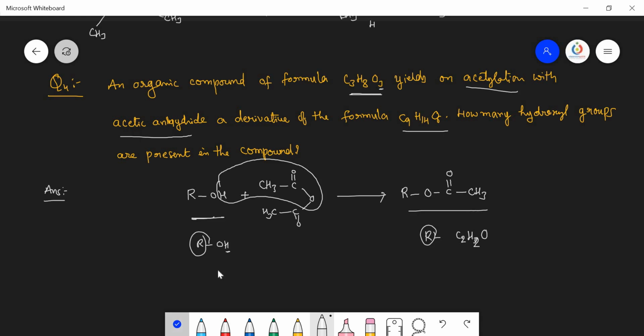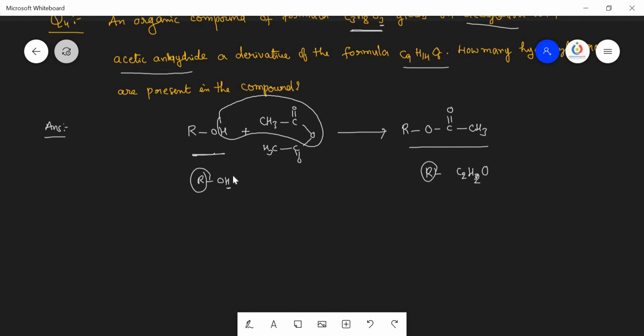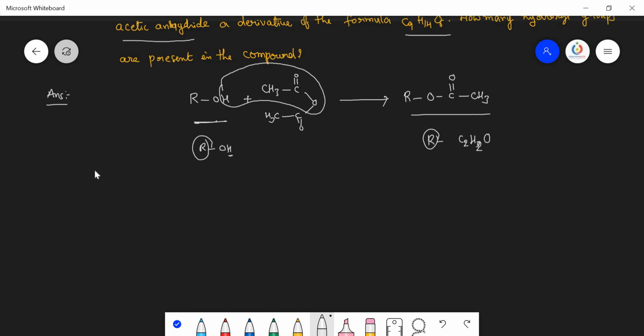So in this particular reaction, when you replace one OH group, what extra group are you introducing? C2H2O. So I shall write that first here. In this reaction, for every OH group, one C2H2O is increased on acetylation.